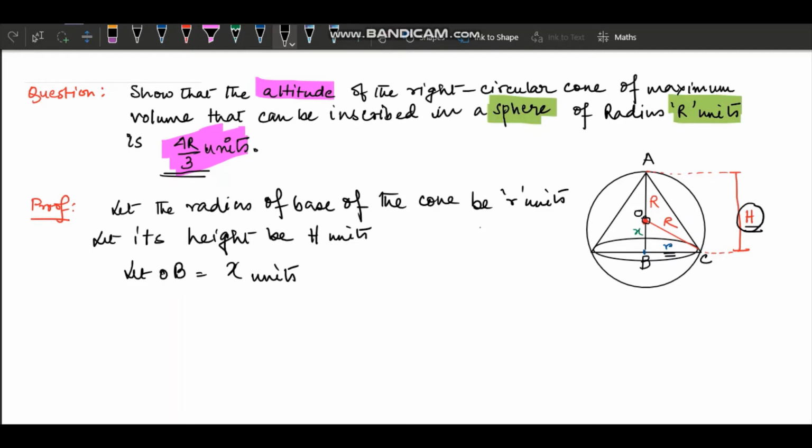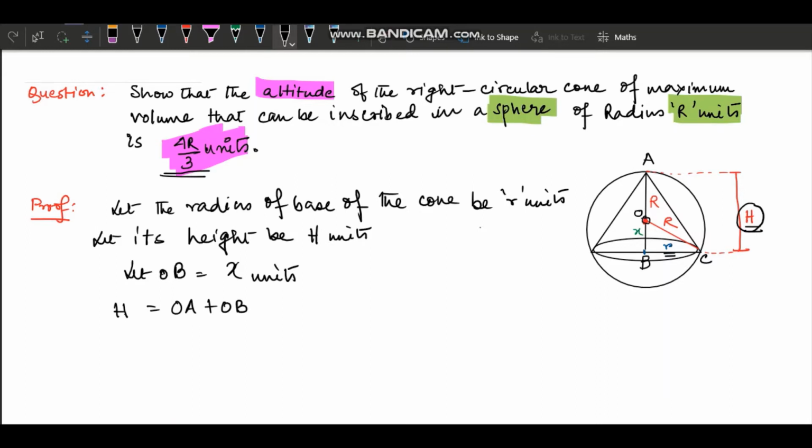So if you look at this figure, you can very well understand that OA is also equal to capital R, because OA is same as OC, which is the radius of the sphere, right? So we can write h, which is the height of the cone, as OA plus OB.